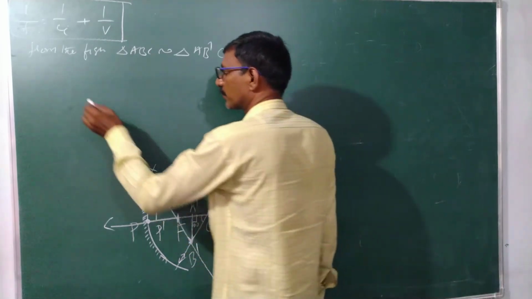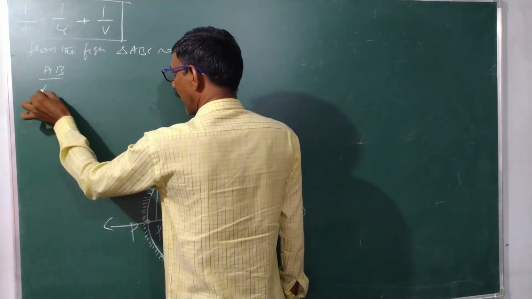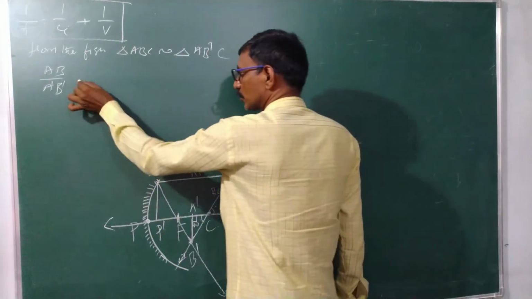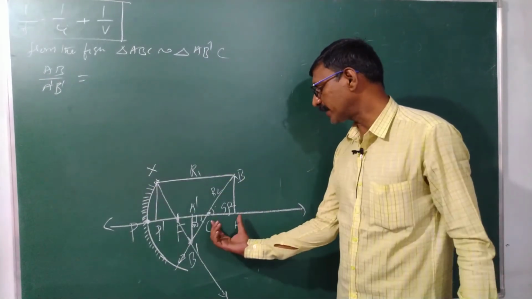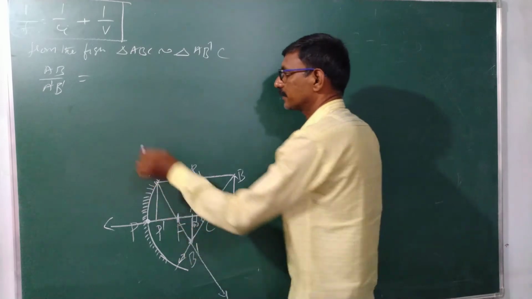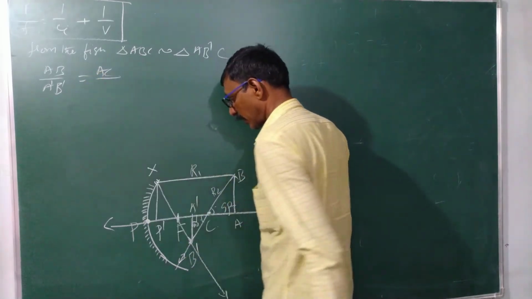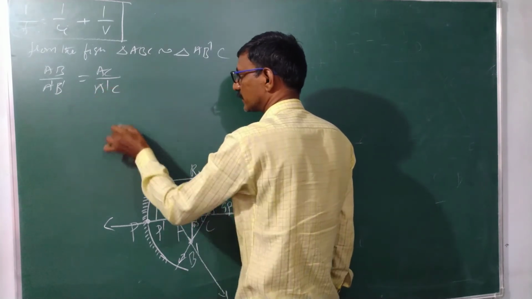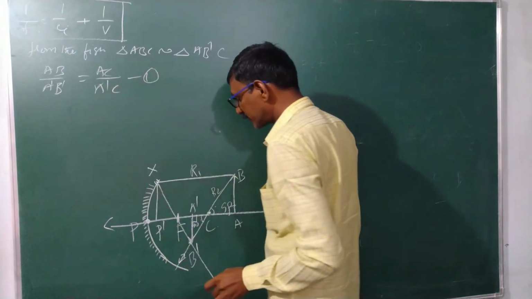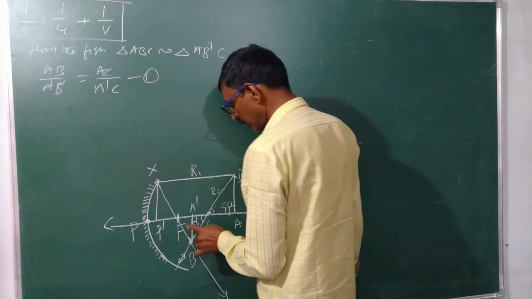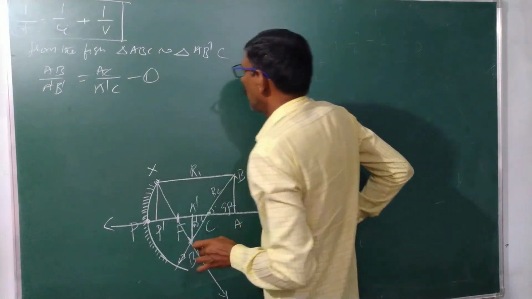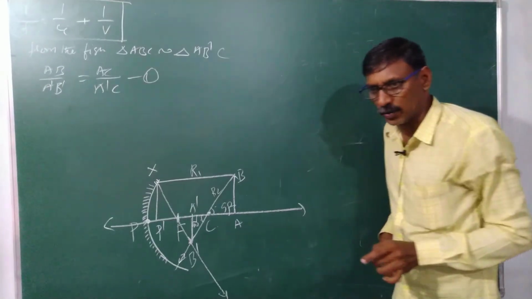AB by A dash B dash is equal to, next, the base of this triangle AC divided by the base of this triangle, A dash C. Okay. Now, one more triangle I would like to consider here.